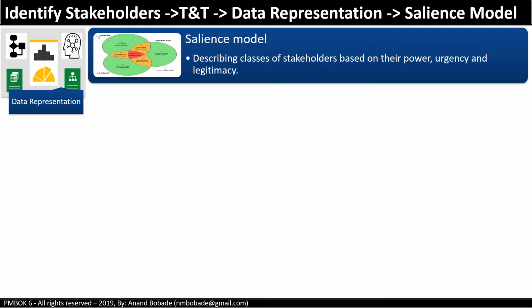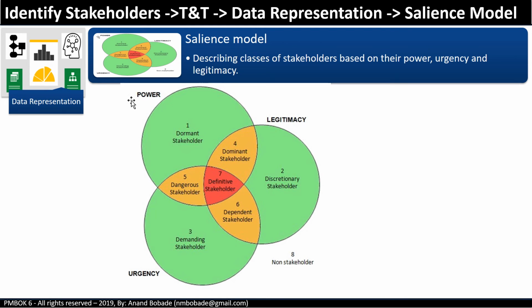Salience model. A project manager is likely to face the challenge of choosing the right stakeholders and prioritizing their competing needs. The Salience model brings clarity to the importance of different stakeholders. Stakeholder salience is decided by assessment of their power, legitimacy, and urgency in the organization.